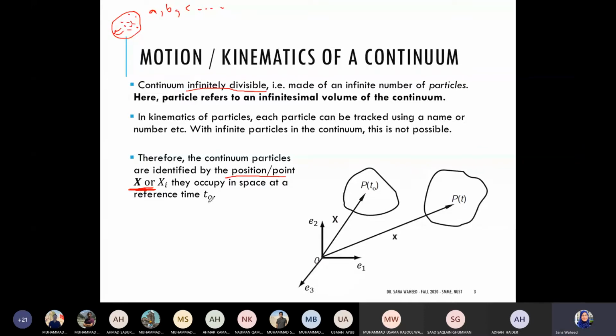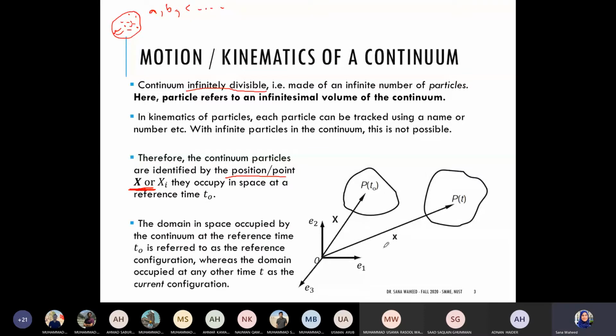Now let's consider, at a certain time afterwards, my same body has either deformed or flowed to another region of space, such that now it's at a time t lying somewhere like so. Then again I can define the positions of each of the infinite particles in space, but this time I'm going to use a small x.